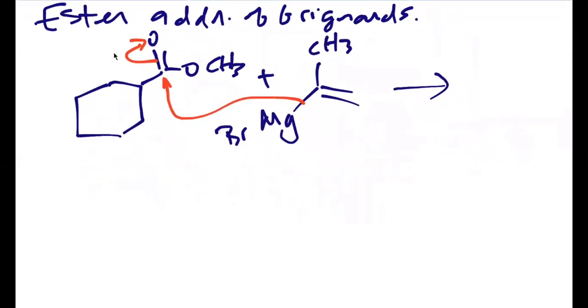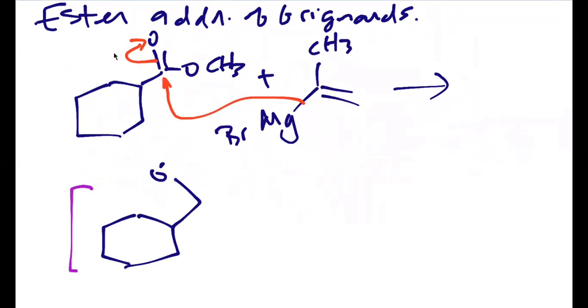I'm going to put some brackets down here so you'll know where we are. Keep the colors consistent. This doesn't change. That's still the same. It's just the MgBr that is going to be added. It's like this.